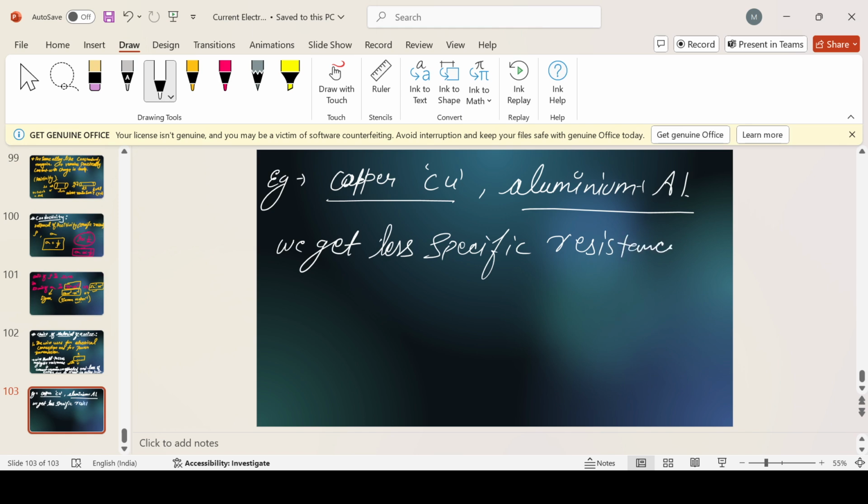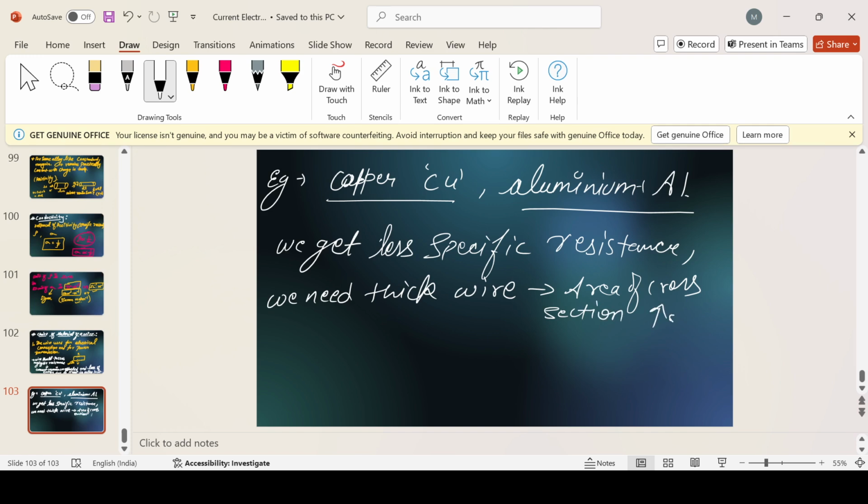first of all. And second thing is, we need thick wire. Why thick wire? Thick wire means the area of cross section increases, due to which its resistance decreases.